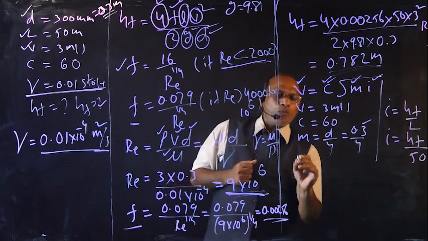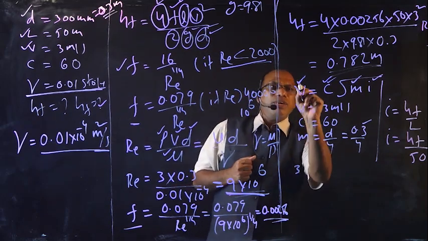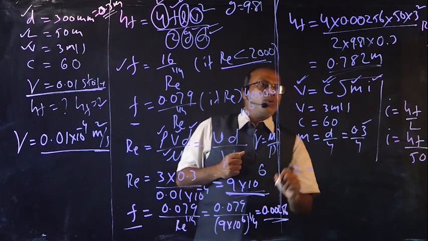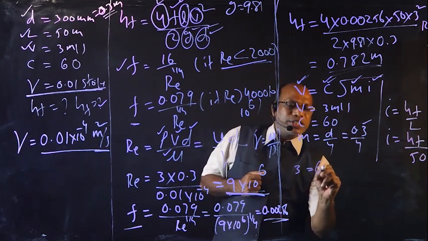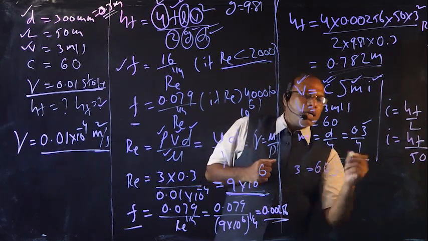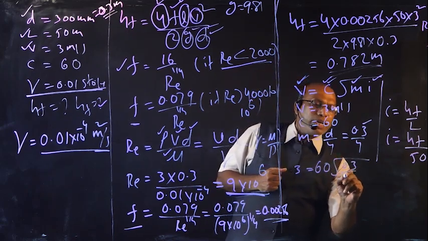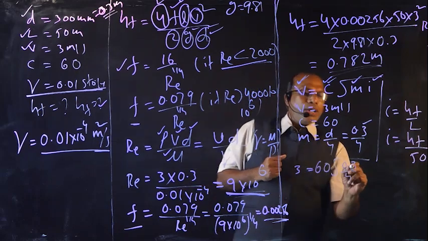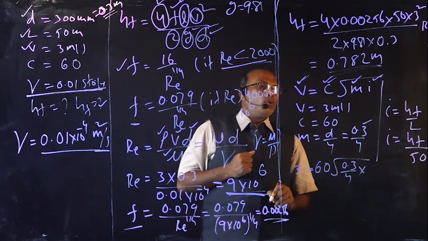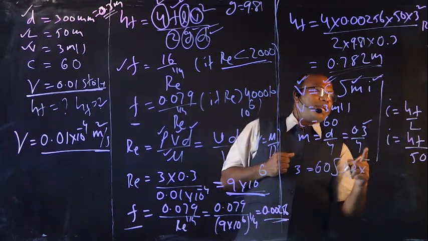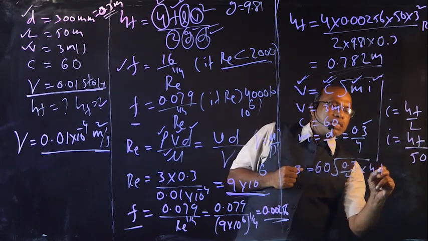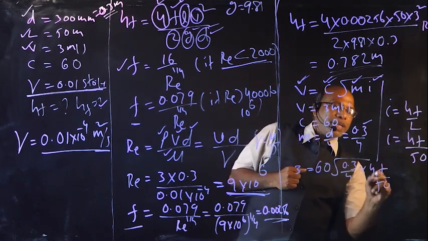V is equal to how much? 3 meter per second, equal to C, that is 60, root M, which is D by 4, D is 0.3 divided by 4, into I, which is HF by L, that is HF divided by 50.